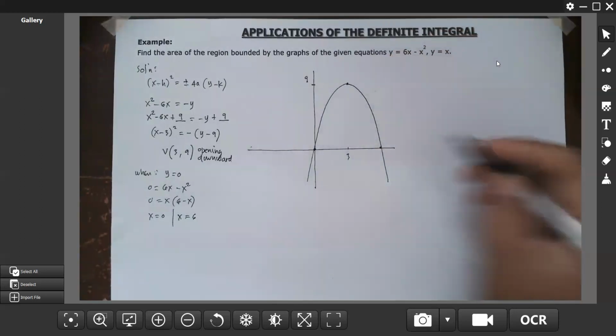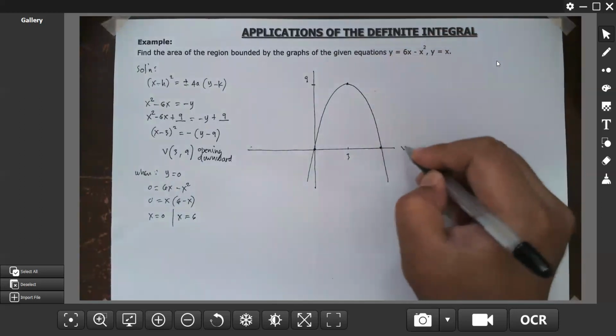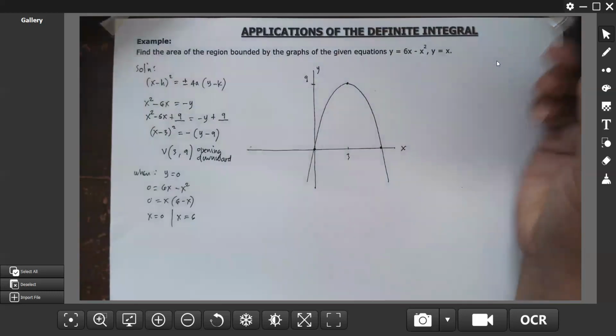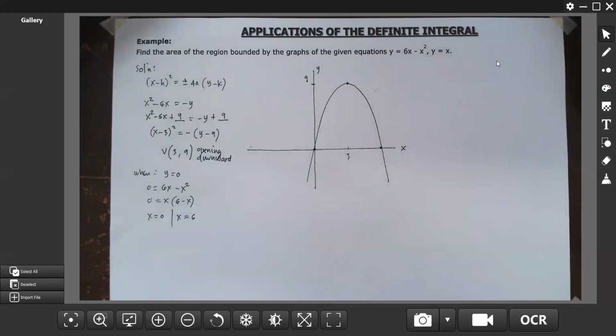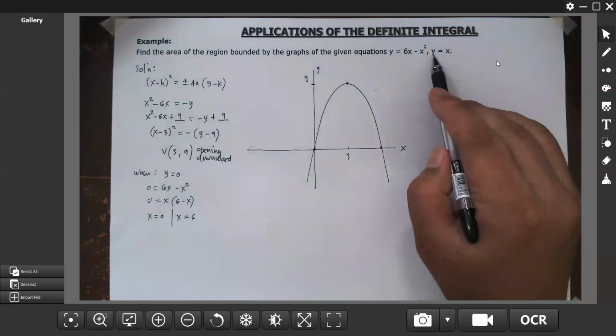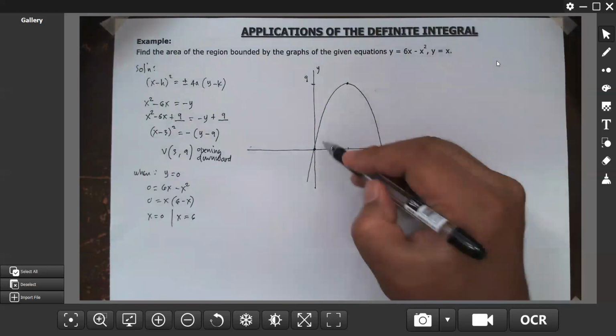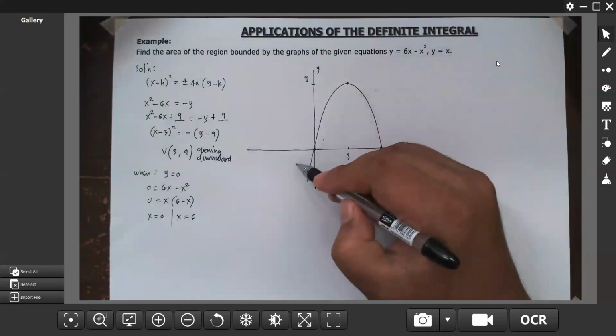Okay, this is the x-axis and the y-axis. Next is the line. y equals x is a straight line that passes through the origin, having a slope of 1.